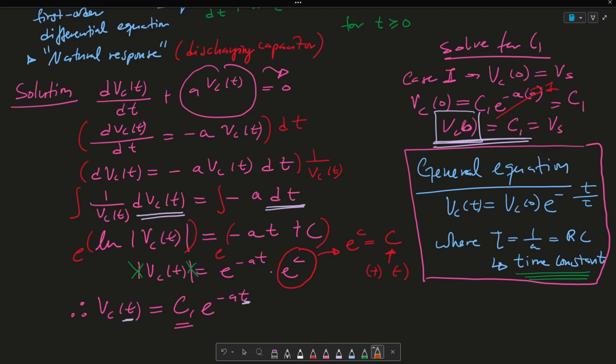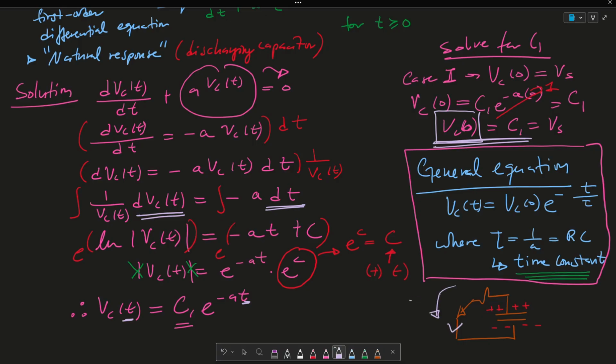Before we conclude the video, to answer the question of why we get a negative in our circuit when we solve for current, it's simply because when we charge the capacitor, current actually flows from positive to negative in this direction.